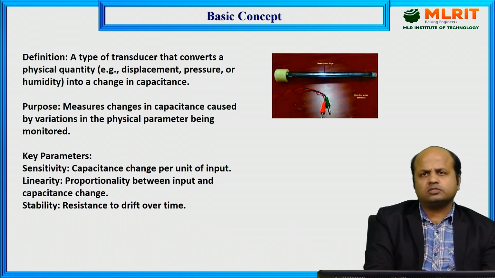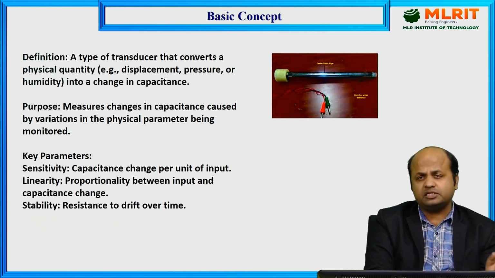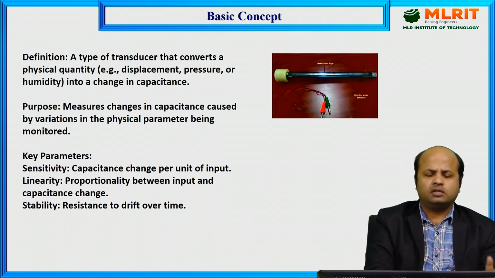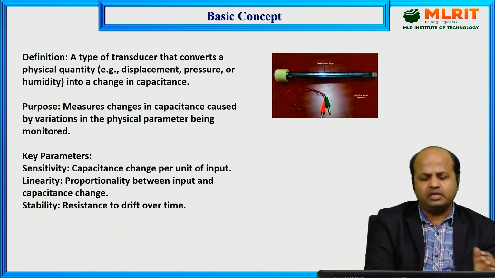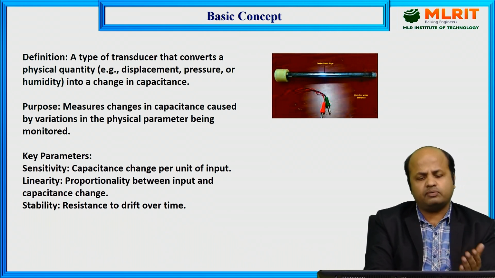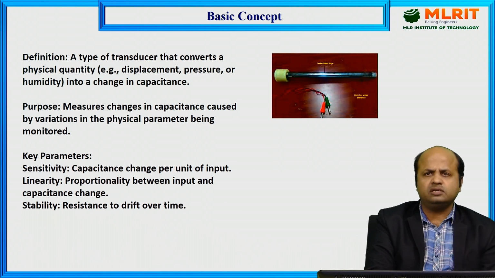So, the basic concept of a capacitive transducer. As the name suggests, in the earlier lecture, we discussed resistive transducers. In a resistive transducer, there was a change in resistance whenever some physical quantity was detected. In a capacitive transducer, we will see that there is a change in capacitance whenever any physical quantity is detected.